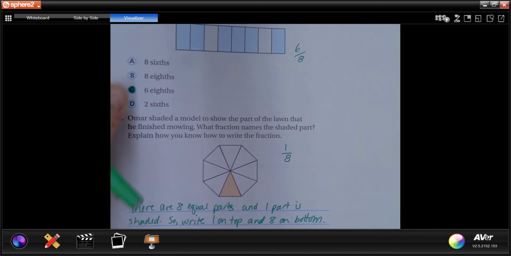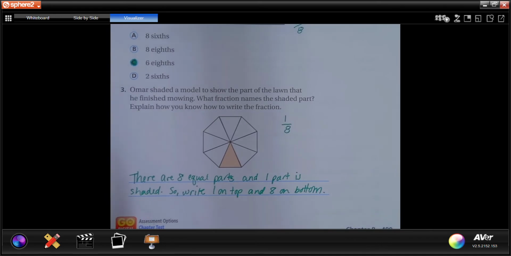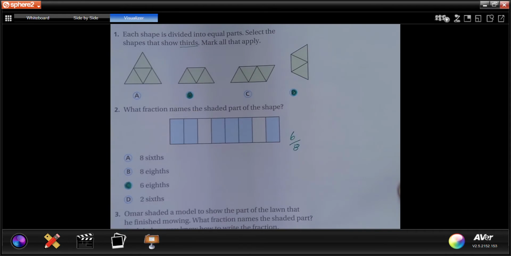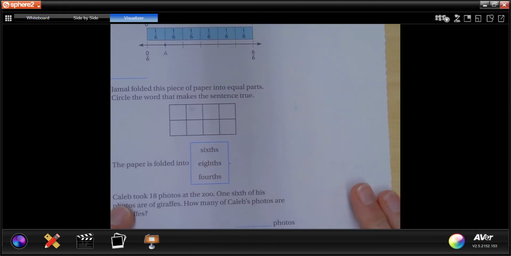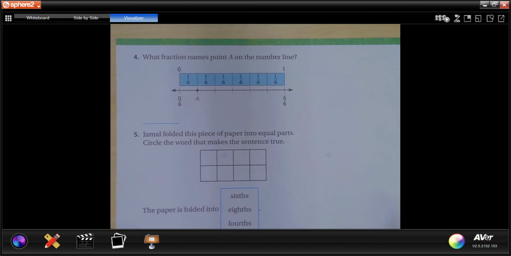You can pause if you need to in order to go ahead and get that filled in. We'll move on to number 4.